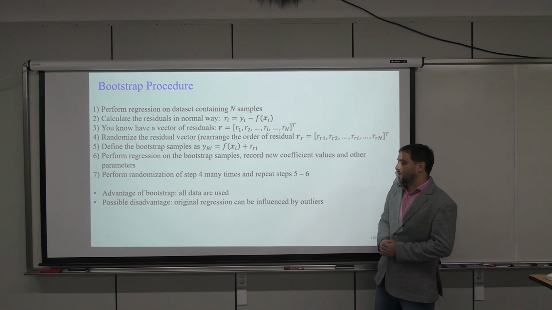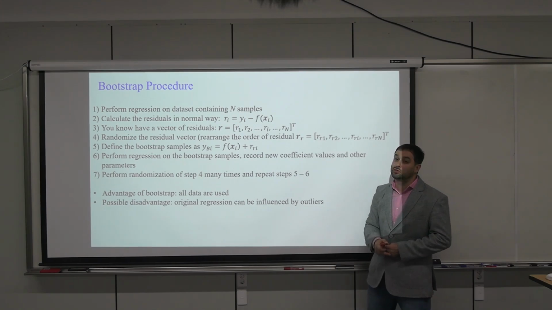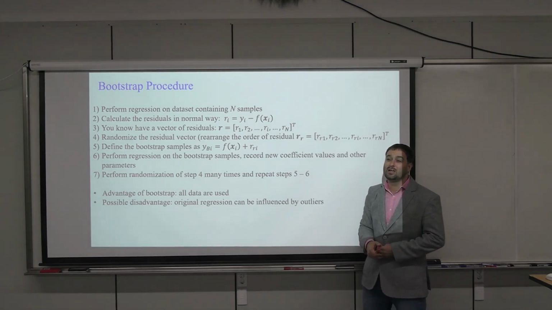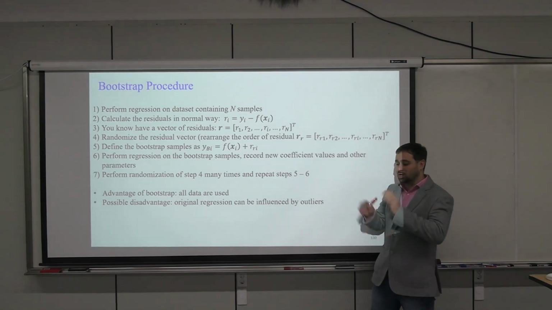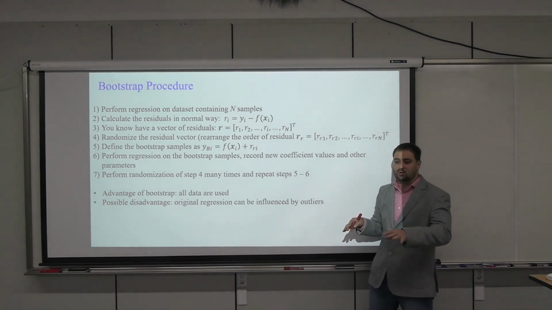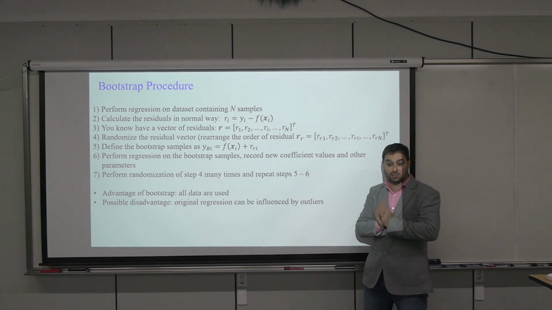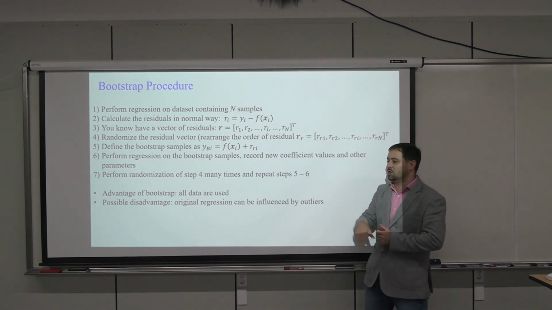Once again, this is probably more useful if you have a small data set or when it's prohibitive to do cross-validation. Generally, if you can collect more data, cross-validation is the much more robust procedure. But jackknifing and bootstrapping are usually done when your data set is limited or finite.